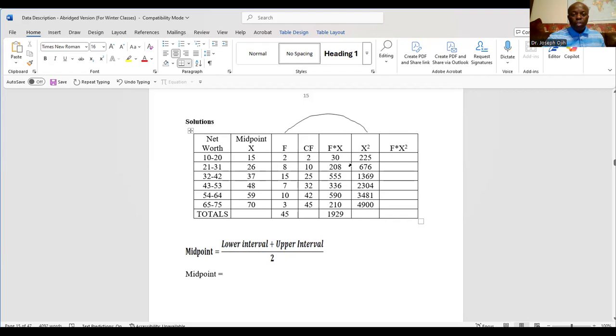So 2 times 225 gives you 450, which you can verify. 8 times 676 gives 5408. 15 times 1369 gives you 20535.